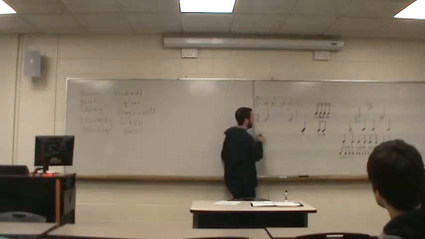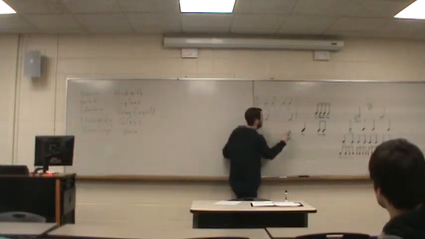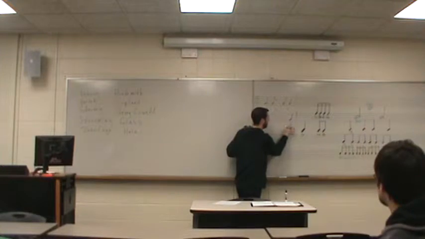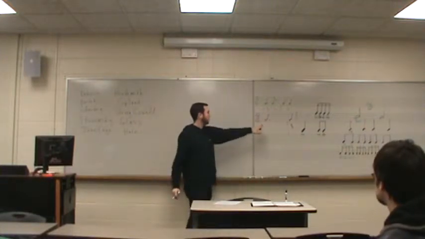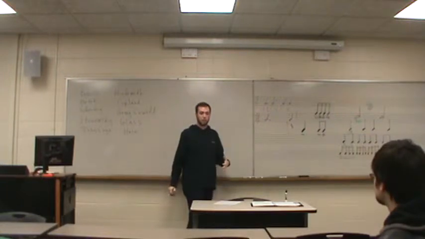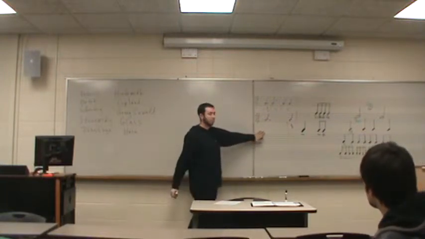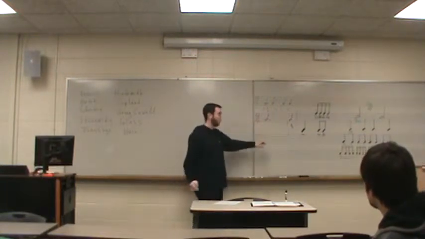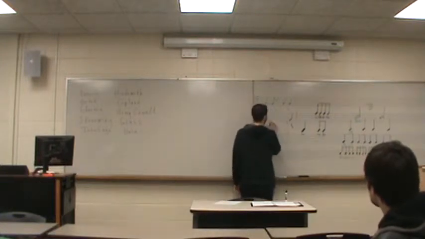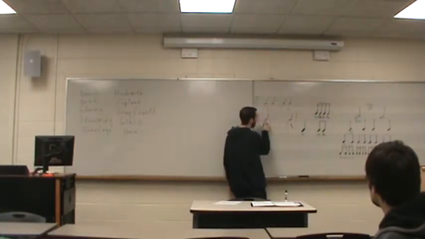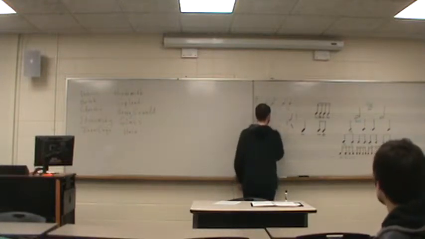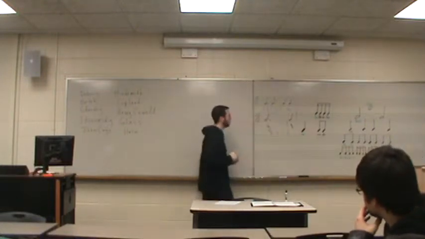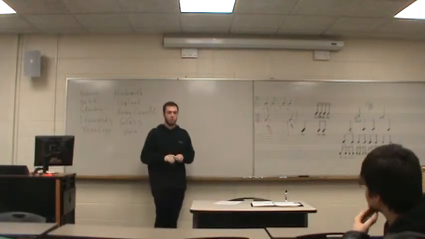And how many beats does this quarter note get? 1. Okay. And how many beats does a half note usually get? 2. But how many beats do we have left in this measure? 3. So because of this dot, we add half of the value of this to this half note. So we have basically 2 plus 1. Does that make a little more sense as to what the dot is?